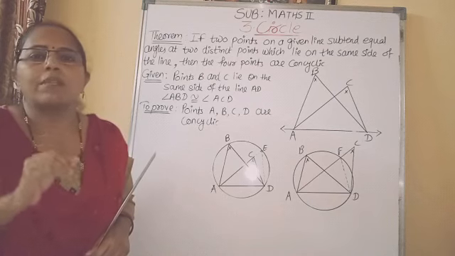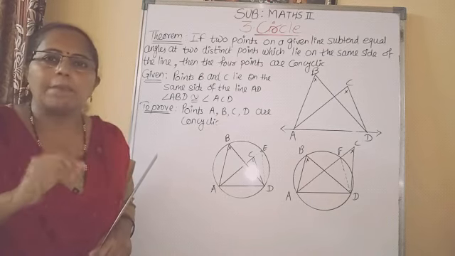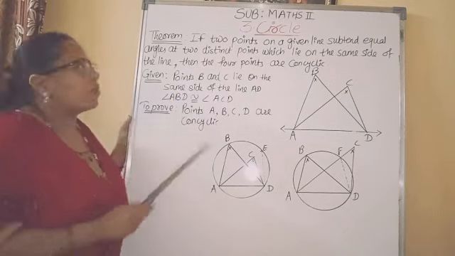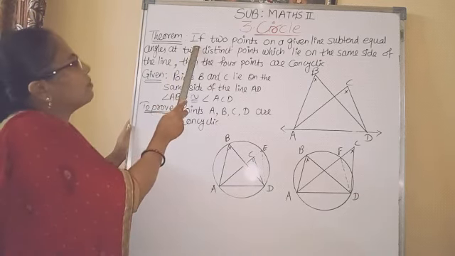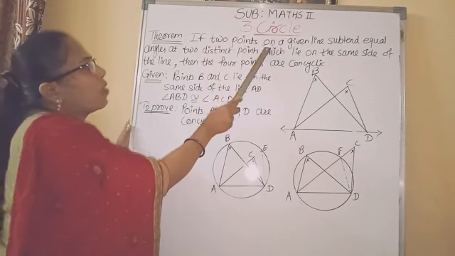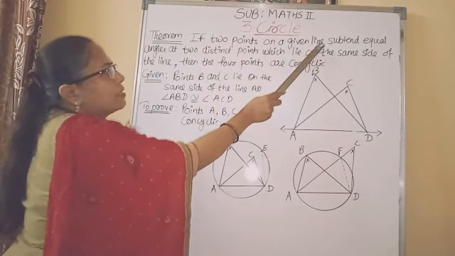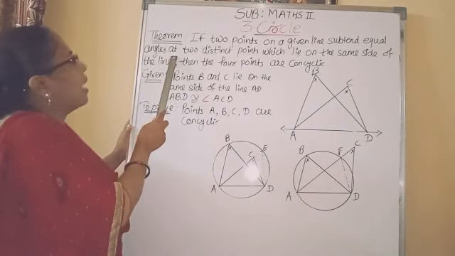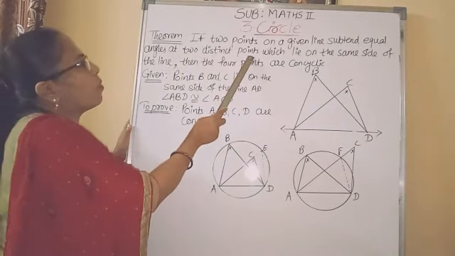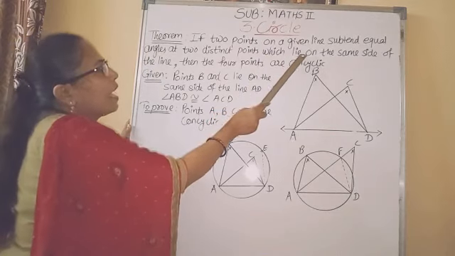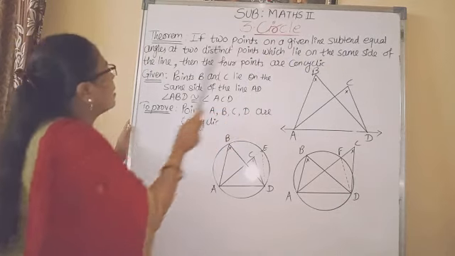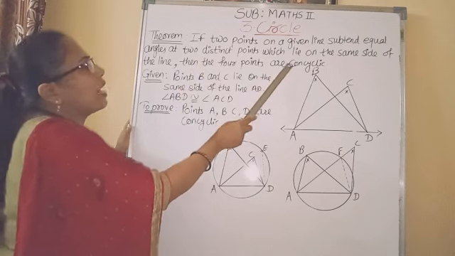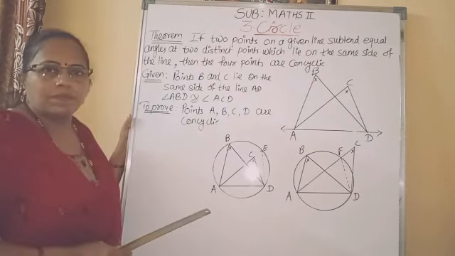Concyclic means all the points lie on the same circle. The condition is, if two points on a given line subtend equal angles at two distinct points which lie on the same side of the line, then the four points are concyclic.